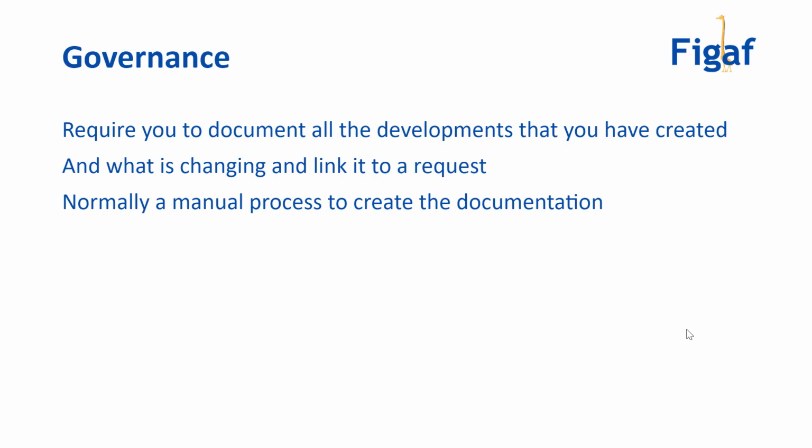So the whole process of governance is actually to require developers to do some documentation of what they have made, why they have changed something, and be able to have the link and say it was actually this business person that asked for these things, and it was not just something that I as a developer thought, well, this could be fun to do and I will just do it, without any consent or any reason for doing it. So it's about keeping this link between what the business requests and what is implemented.